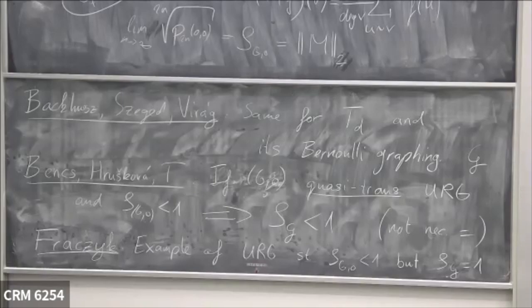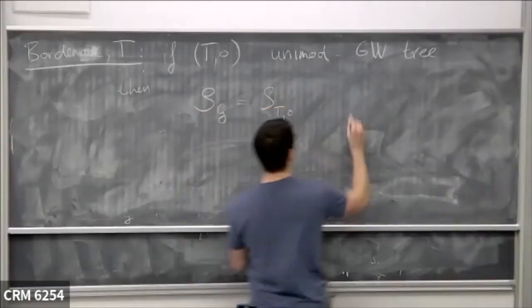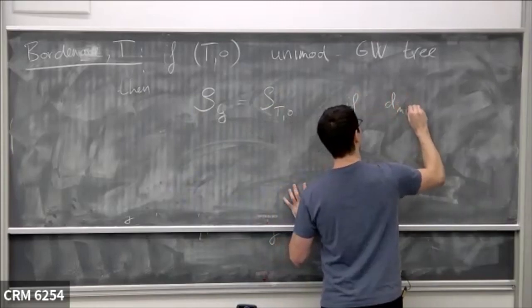The result we have now with Charles Bordenave and myself is that if we start with a unimodular Galton-Watson tree, then the spectral gap of the Bernoulli graphing is equal to the spectral gap of TO if the minimal degree of this Galton-Watson tree is at least 5.